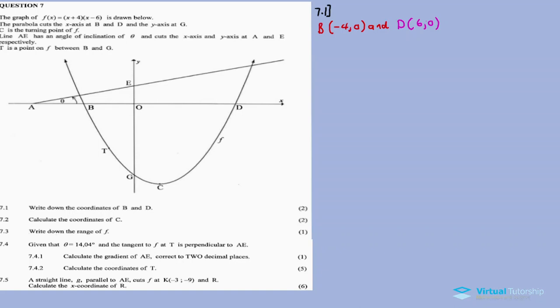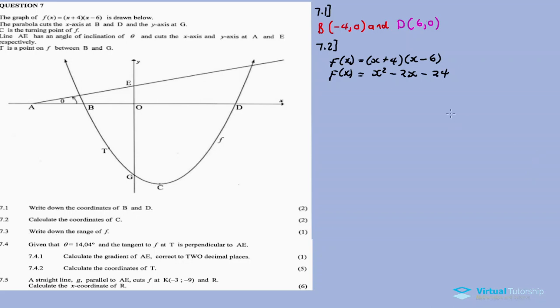7.2, calculate the coordinates of C, the turning point. We have a function f of x, but to find the turning point, since the function is factored like this, we must multiply out again. After multiplication, the function is the quadratic x squared minus 2x minus 24.